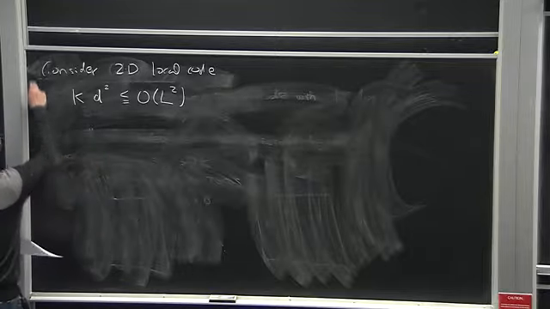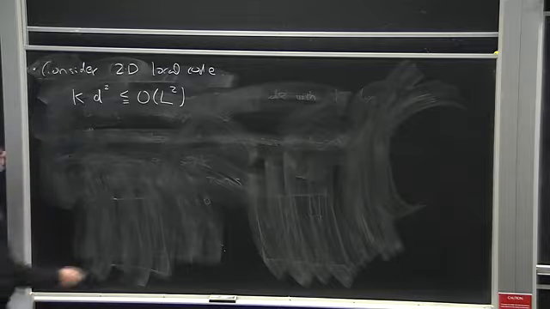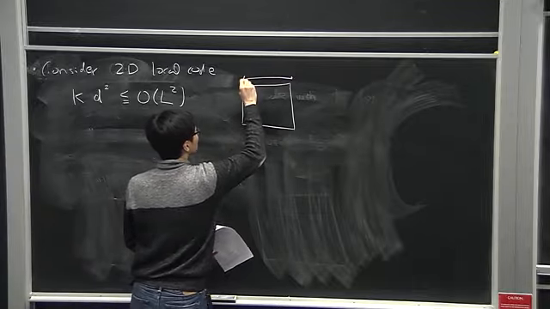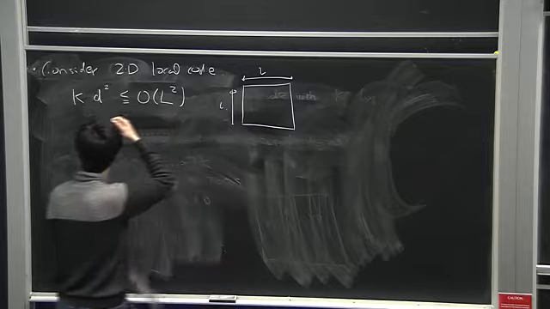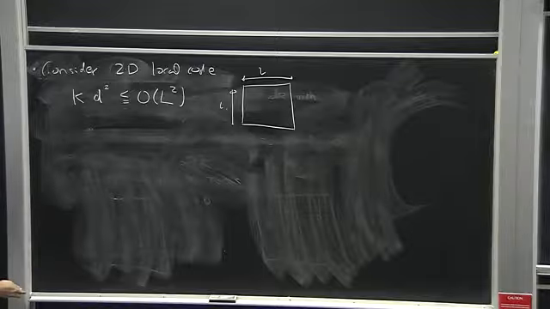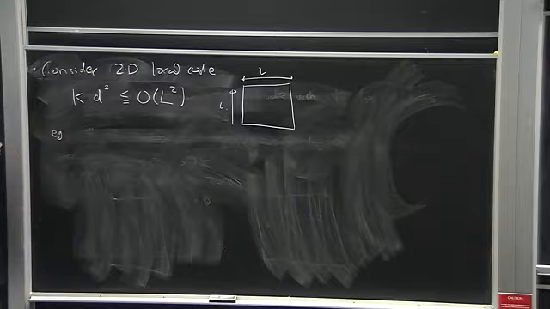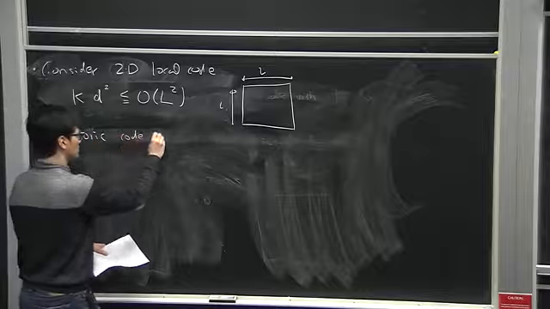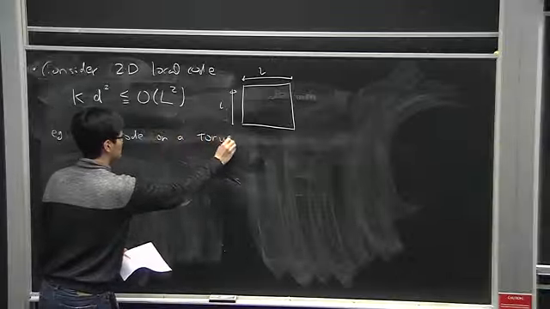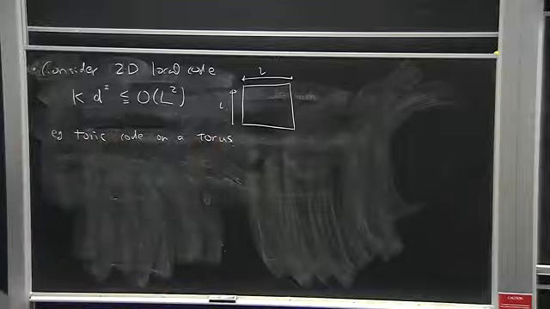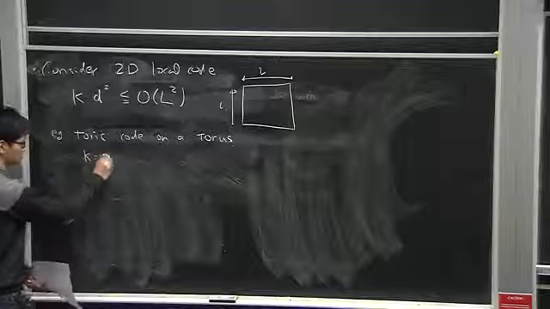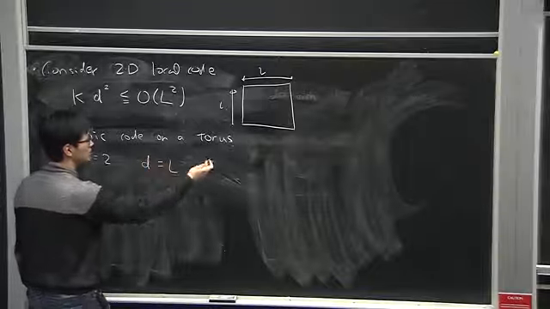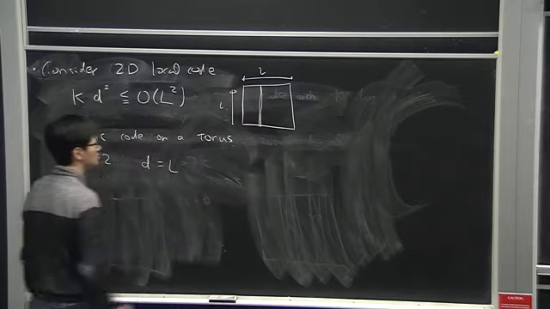So the lattice is L by L. Now let's first look at an example, and of course it's the toric code, on the torus. k is equal to 2, and distance d is equal to L, since the logical operator is like a string.